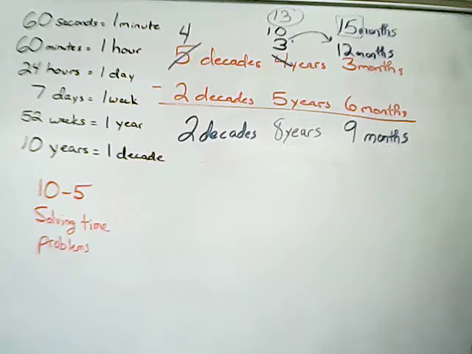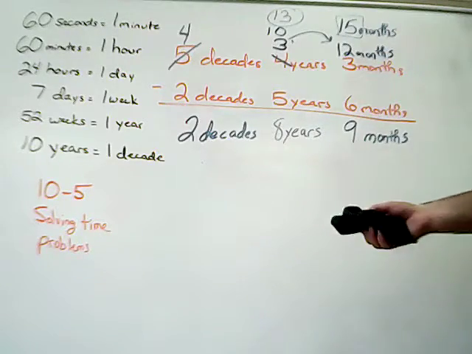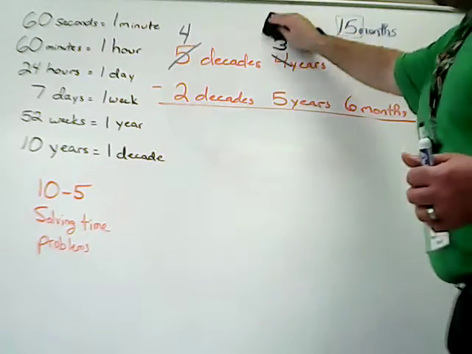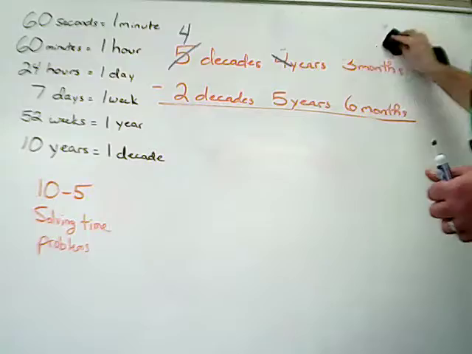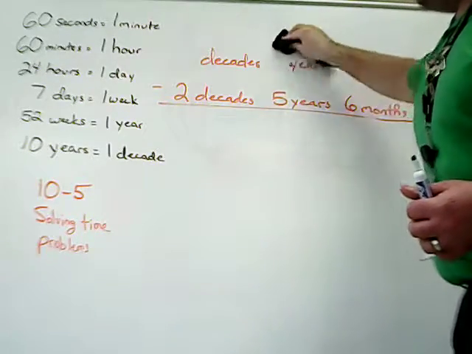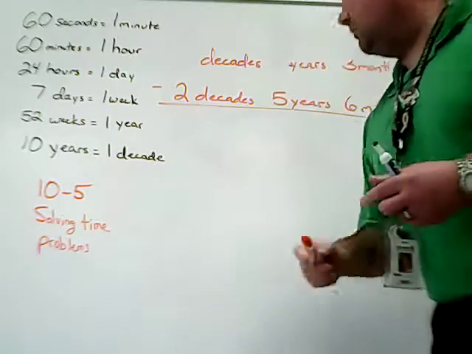So, what if I took this problem with decades, years, and months, and I added it instead of subtracting it? Let's try it. Same numbers, except we're going to add it now.